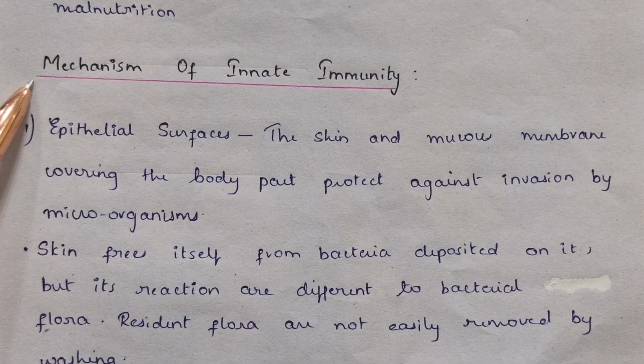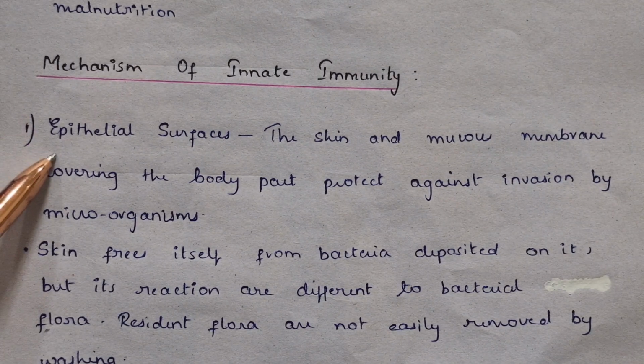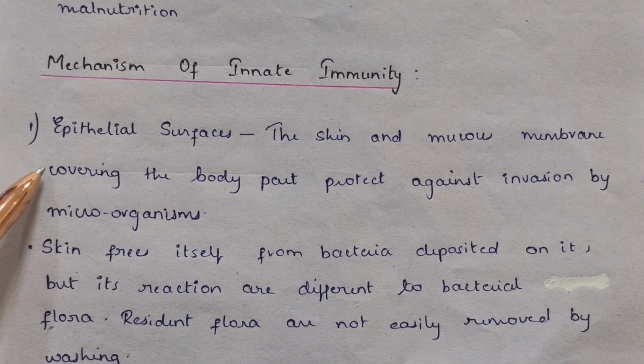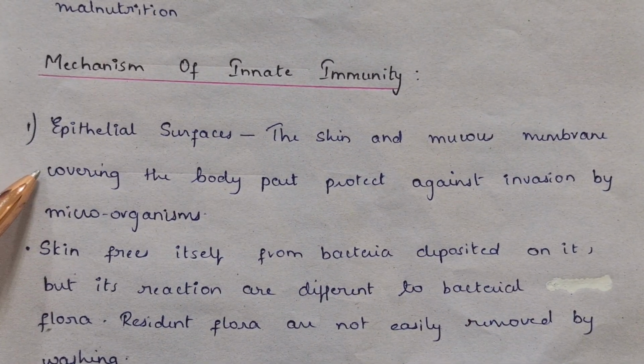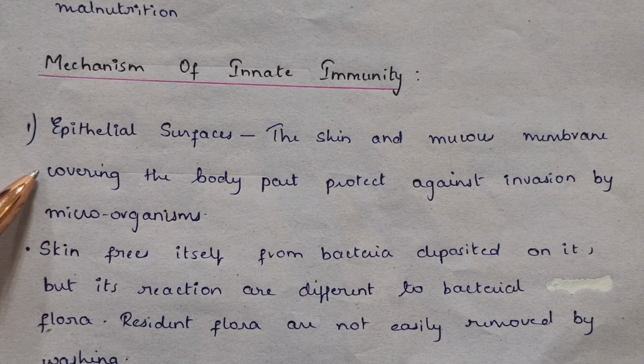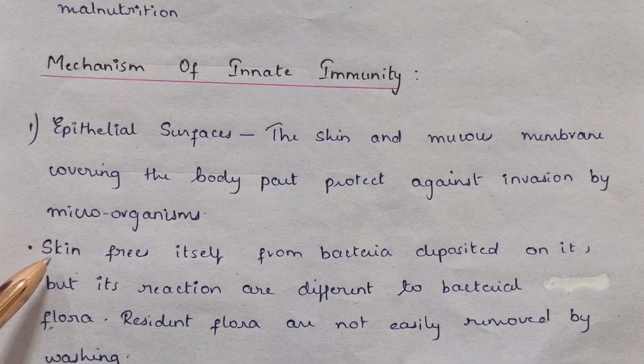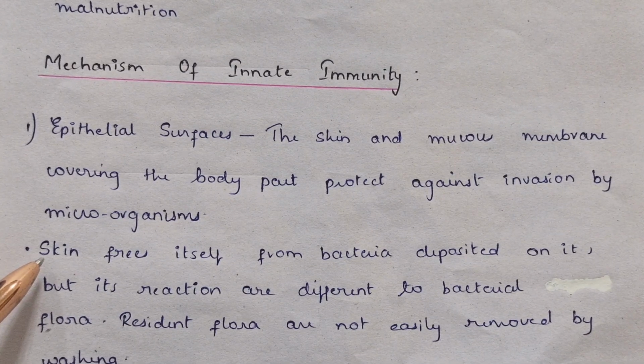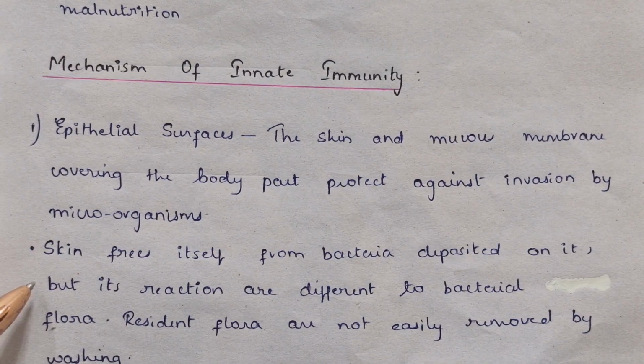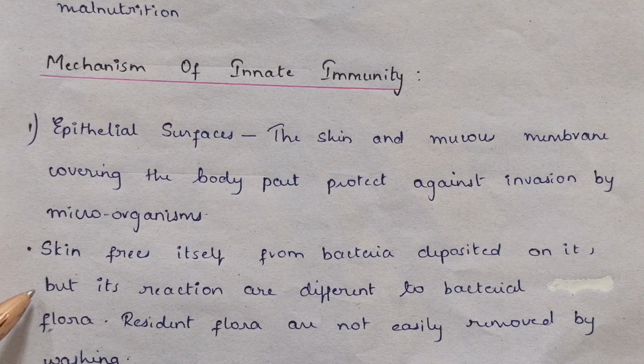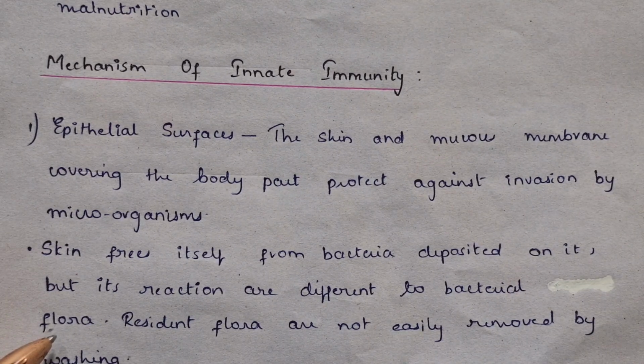Mechanism of innate immunity. Epithelial surfaces. The skin and the mucous membrane covering the body parts protect against invasion by microorganisms. The skin frees itself from the bacteria deposited on it, but its reactions are different to bacterial flora.